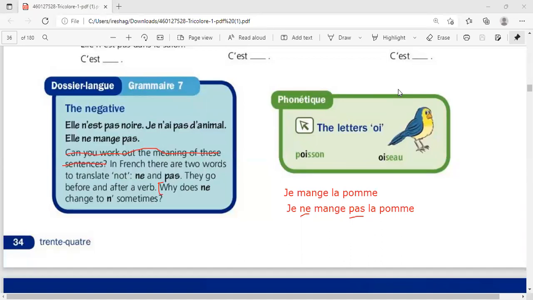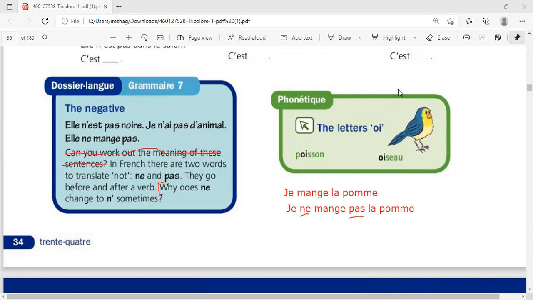When the verb is starting with a vowel or H. Write down with inverted commas: H with a vowel and H. So basically H is treated like a vowel in French.